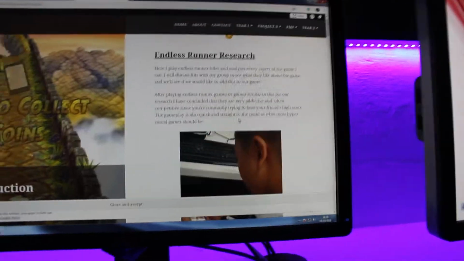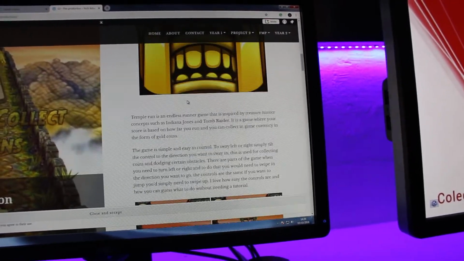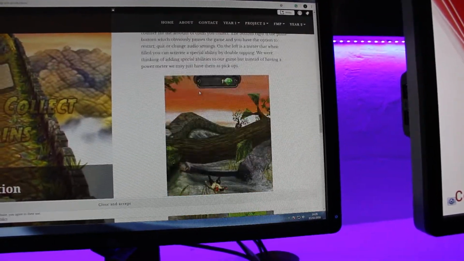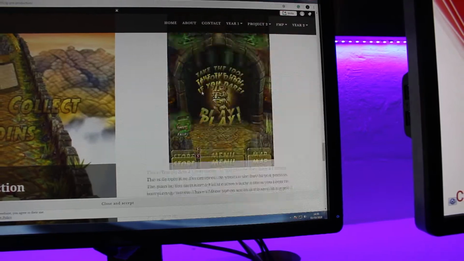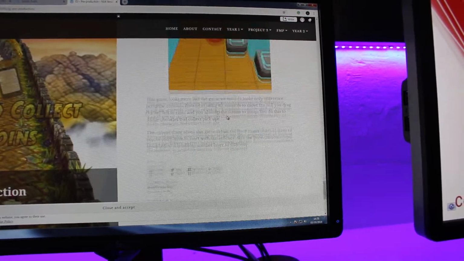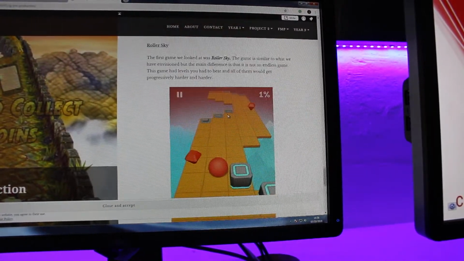He was keeping us all in check, in sync, and doing all that kind of stuff. He did all the research, as you can see here, same as me. He looked at loads of different games, so Roller Sky, which I was talking about in my blog, I showed him that, and he goes on to talk about other stuff in the level.